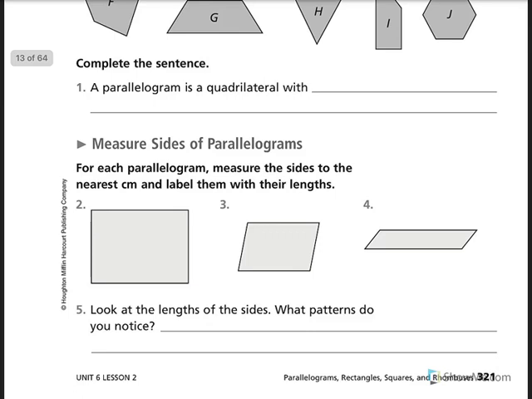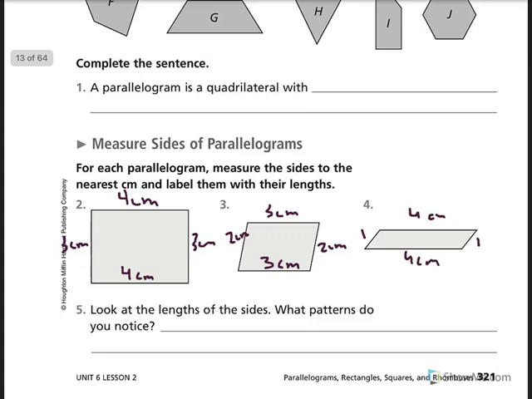For me, I got 4 cm here, 3 cm on this side, 4 cm, 3 cm. Over here, I got 3 centimeters, 2 centimeters, 3 centimeters, and 2 centimeters. On this, I got 1 on each of these, and I got 4 on each of those.